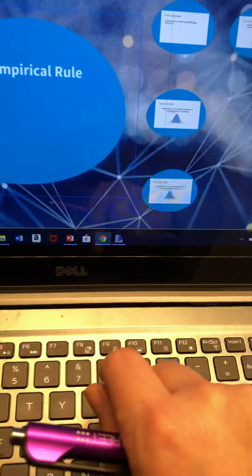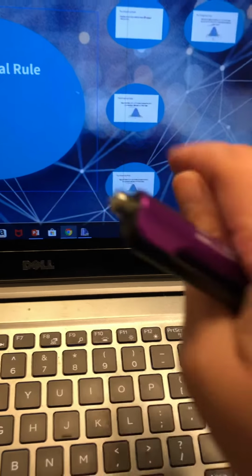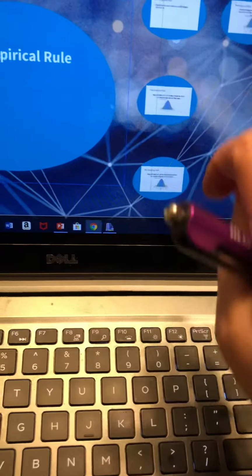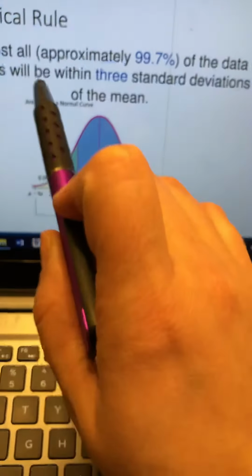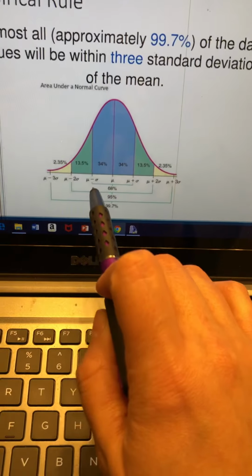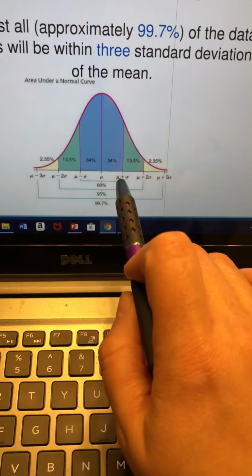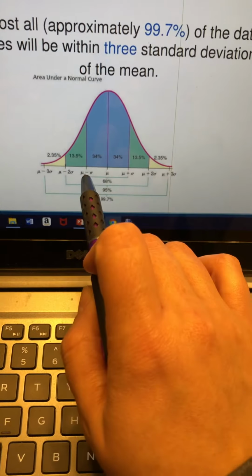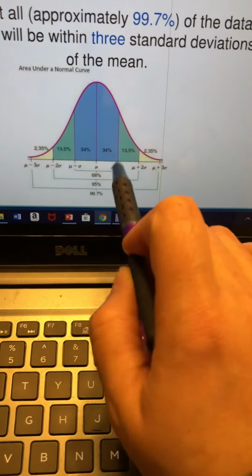And we have the empirical rule, which is what that Super Bowl points example was. I did this with the Super Bowl points to show you that the empirical rule is true, where this is your mean plus the standard deviation, and this is your mean minus the standard deviation. 68% of your data will usually be within one standard deviation.